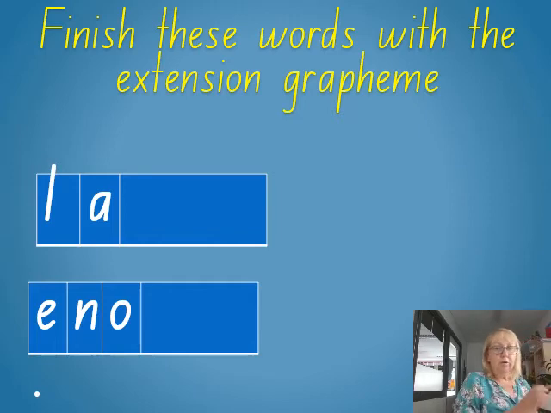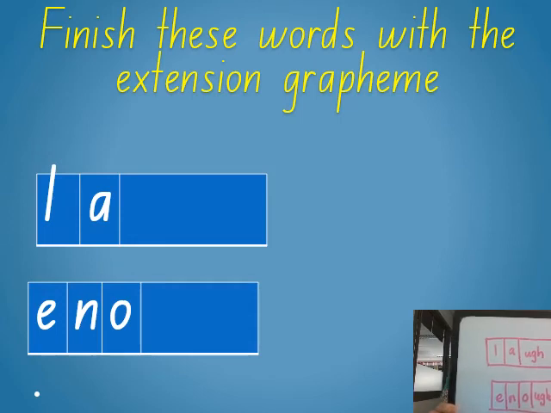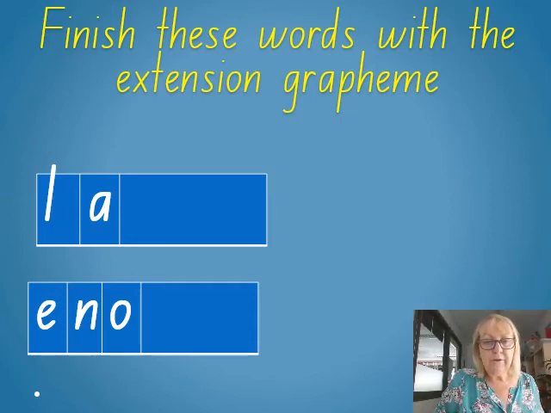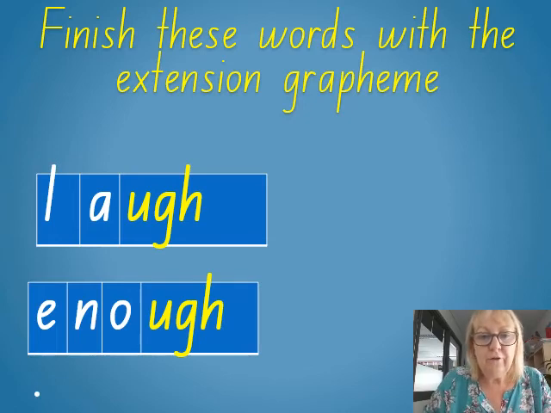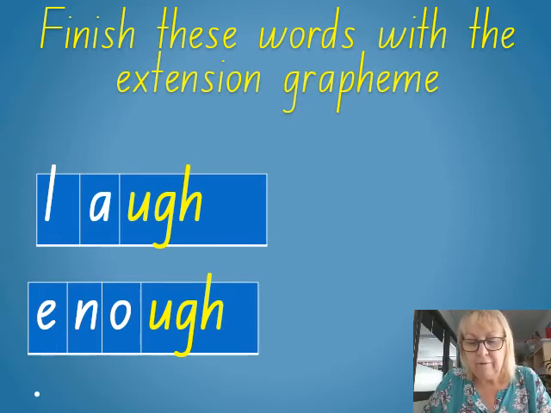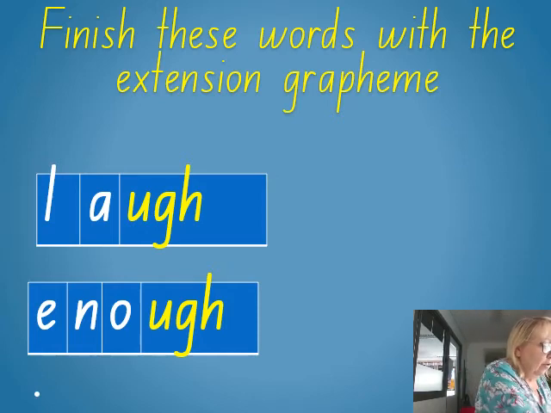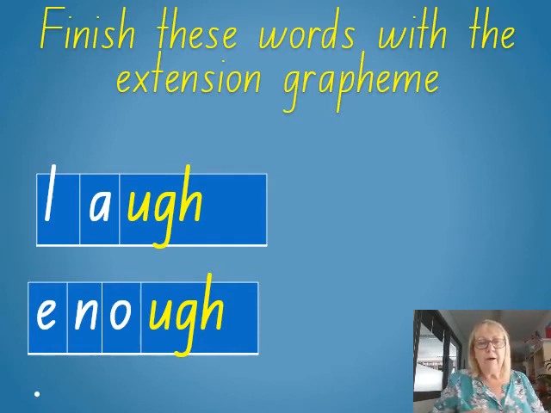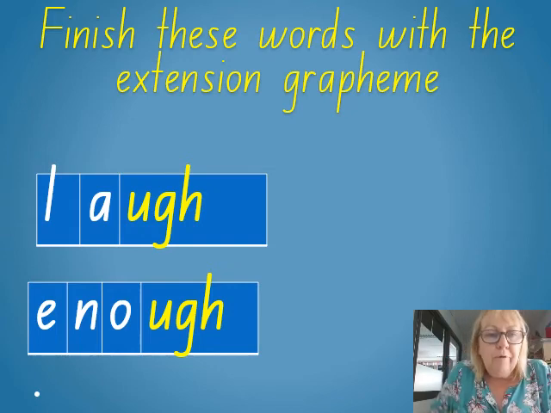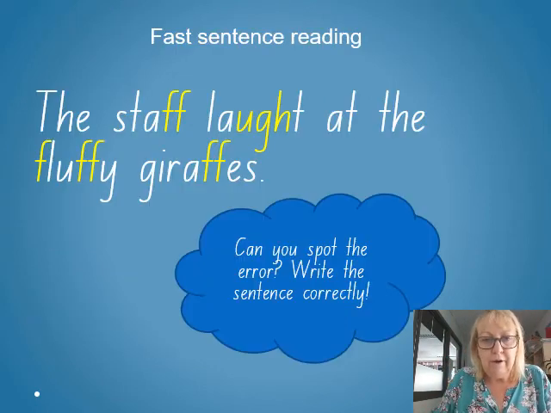How did you go? This is what Mrs. A got. Let's see if we're right. Excellent. Good job, everybody. Fantastic. Okay, let's move on. So if you've got the whiteboard, do the 3-second rub, like we always do. And if you've got the piece of paper and pencil, just pop them down and we'll move on to the next part of our slide.